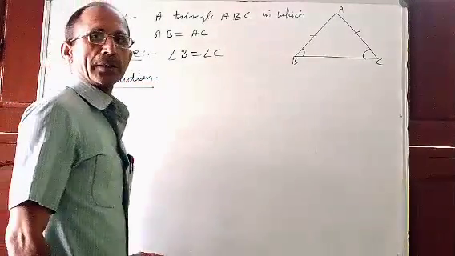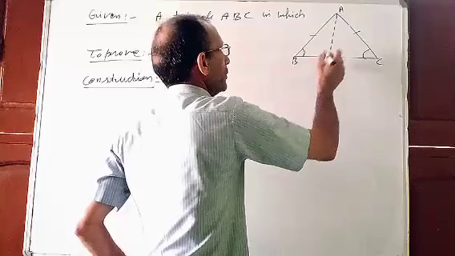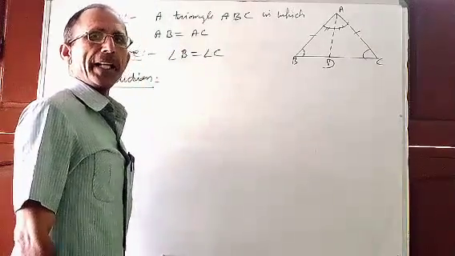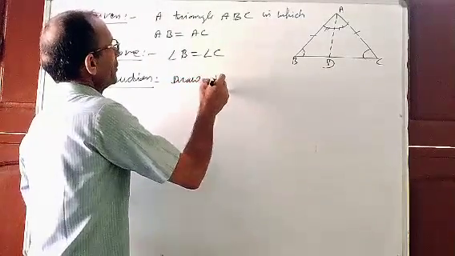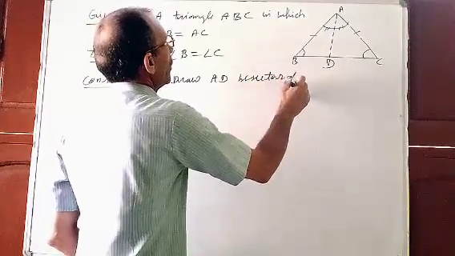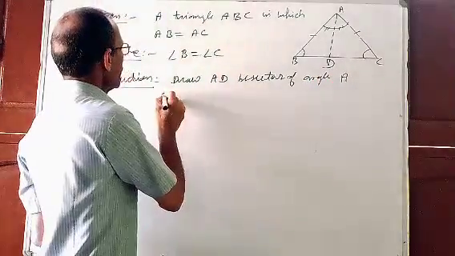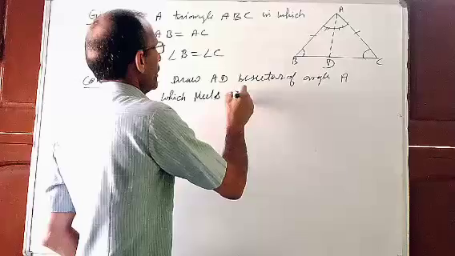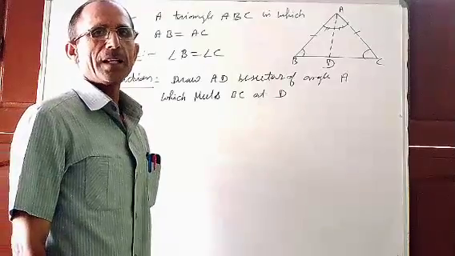Construction: draw AD, the bisector of angle A, which meets BC at D. Is it clear?